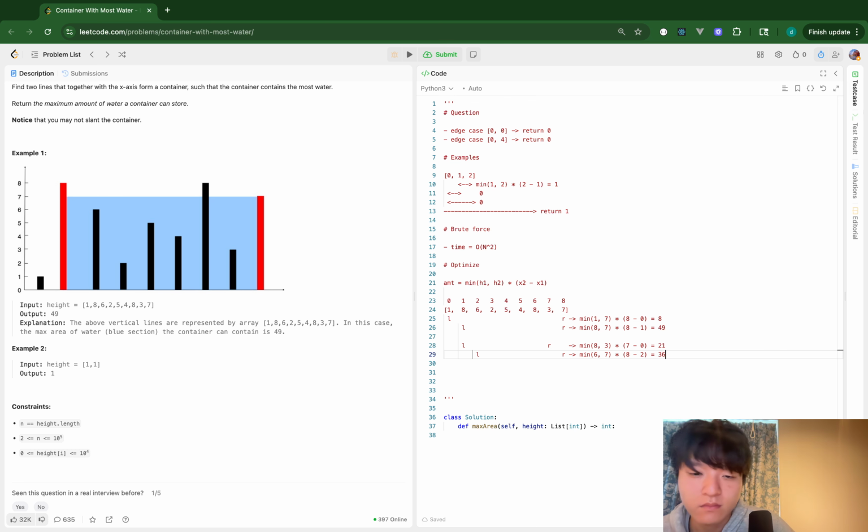So in this case, from here, I should have moved the left pointer, because if I move the right pointer, this decreases the min. I don't do this. I shouldn't do this.